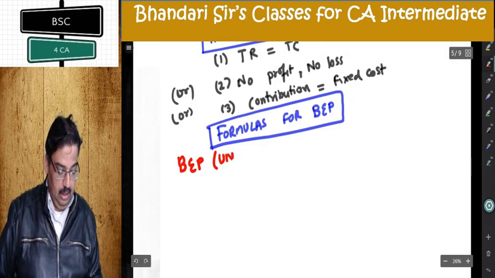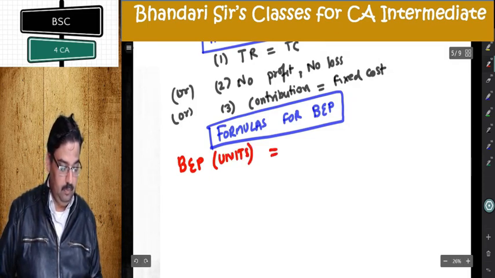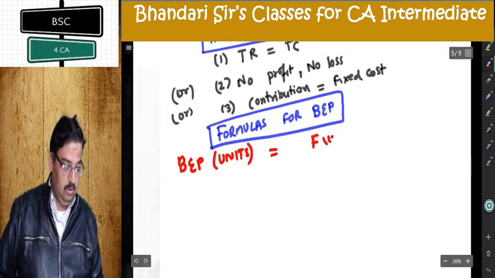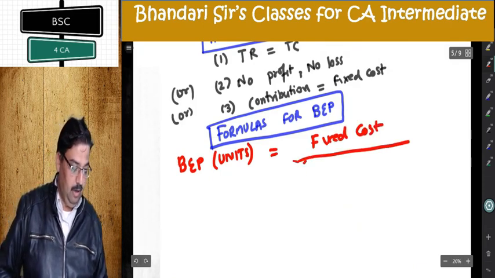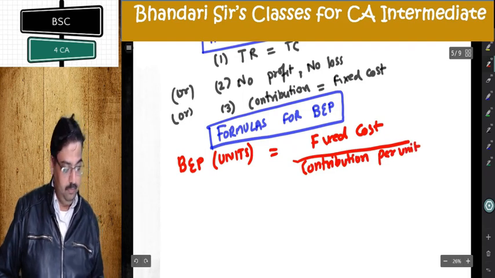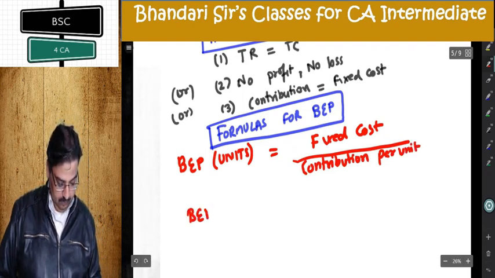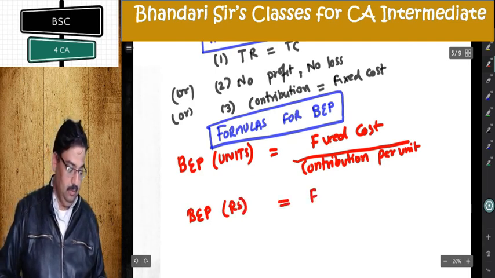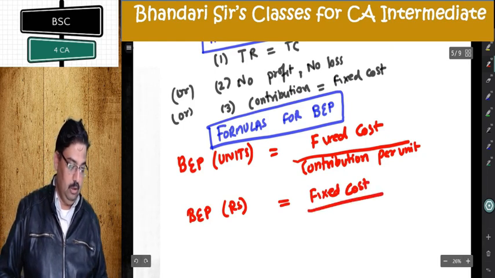Break-even point in units equals fixed cost divided by contribution per unit. Break-even point in rupees or amount, fixed cost divided by PV ratio.